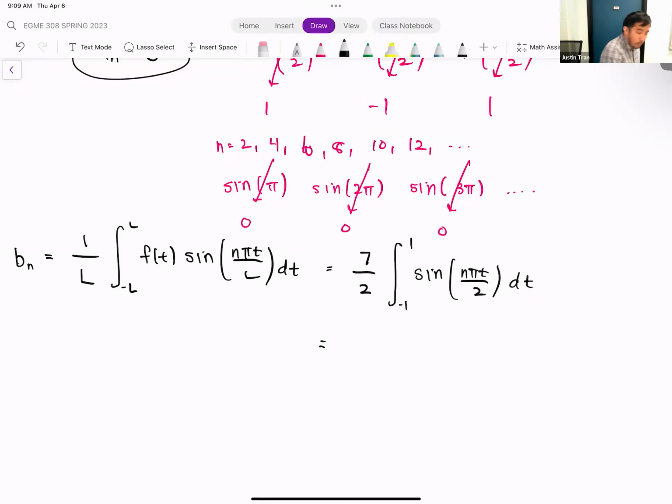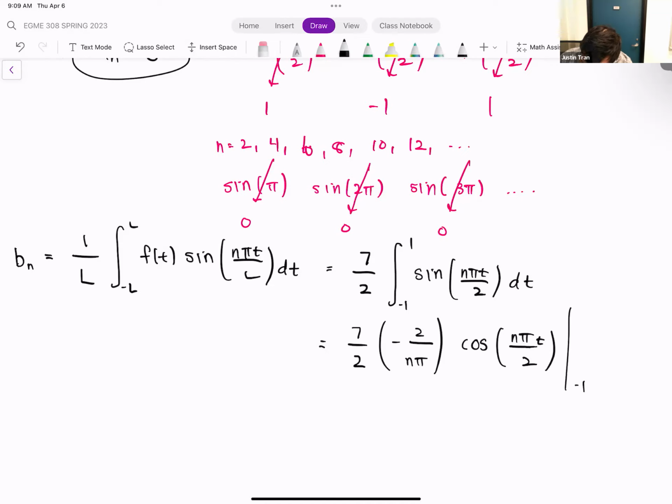All right, so let's perform this integration really quickly. We have a 7 over 2. We integrate sine, and we end up with a minus 2 over n pi, sine of n pi t divided by 2, evaluated from -1 to 1.